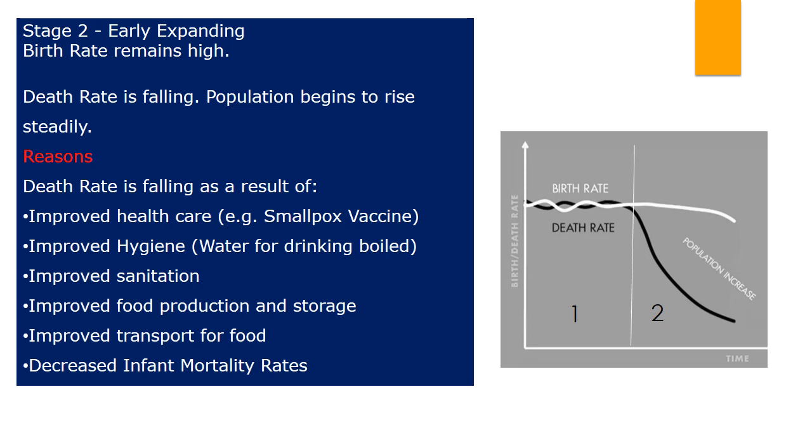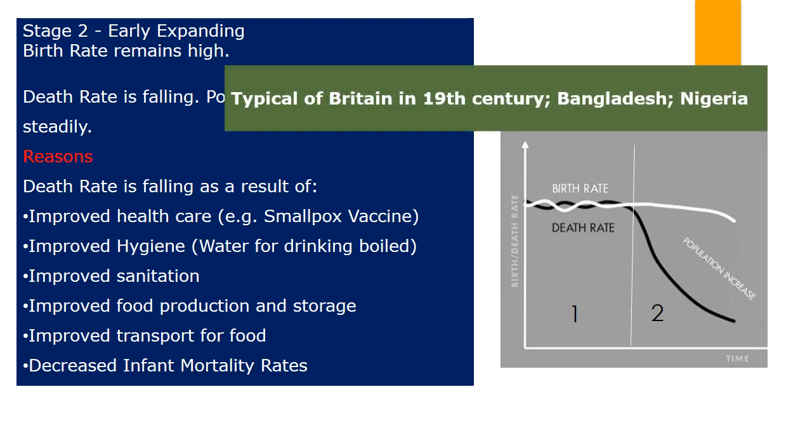The birth rate is the same, but the death rate has declined. So this is stage 2. You can observe this in 19th century Britain. Stage 1 was 18th century Britain, stage 2 is 19th century Britain, and today it is the stage of Bangladesh and Nigeria. They have come into stage 2.